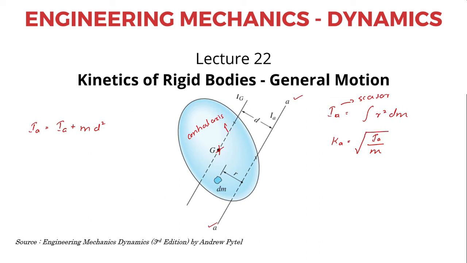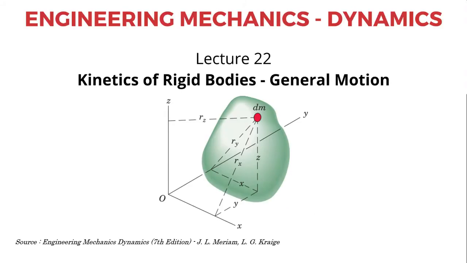Now, instead of any axis, if I want to find the mass moment of inertia with respect to the three coordinate axes, say this is the rigid body here, the distances from the corresponding axes are given as x, y and z.